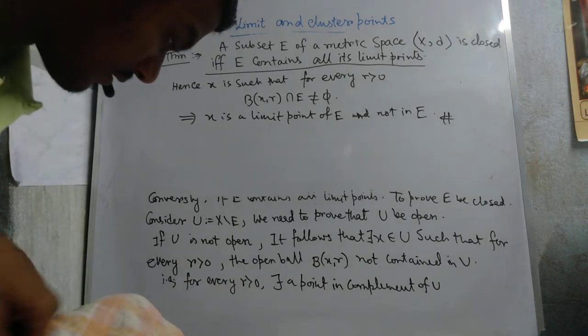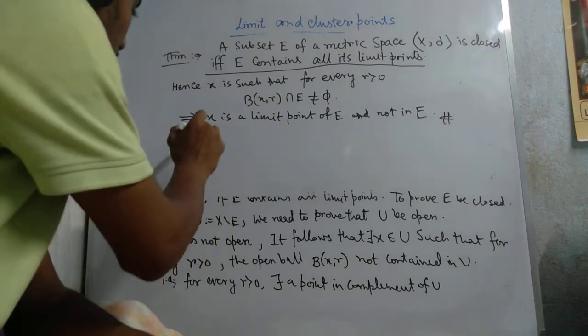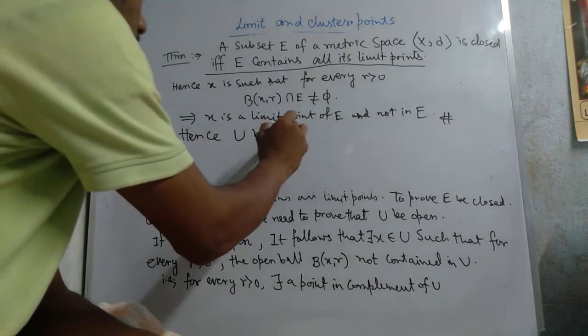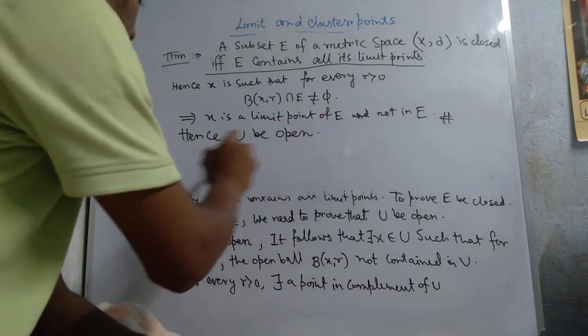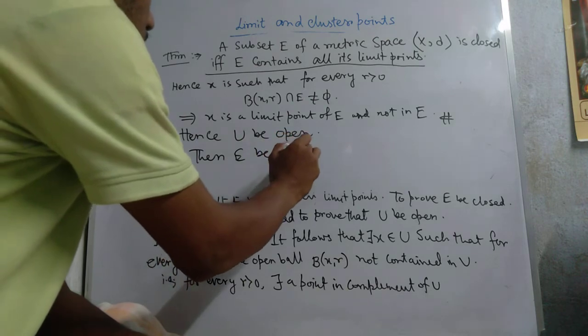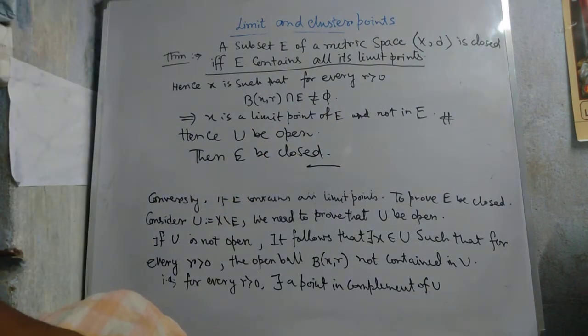So U is open, hence U is open, then E is closed. So by contradiction, we prove this.